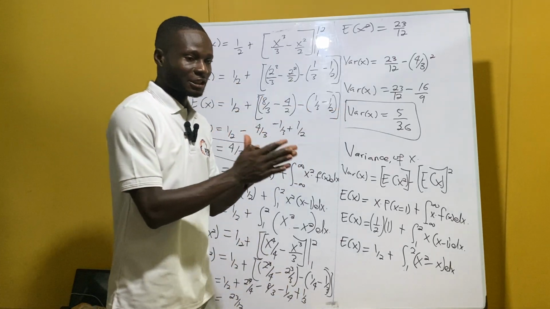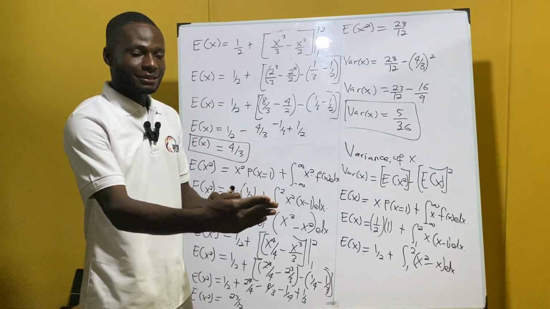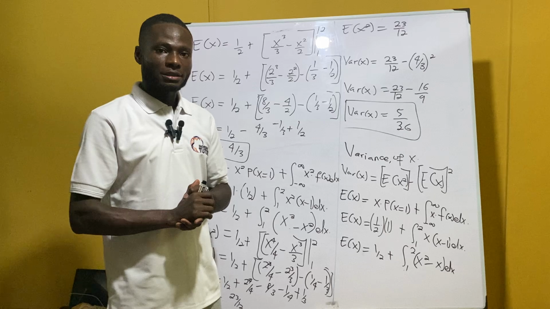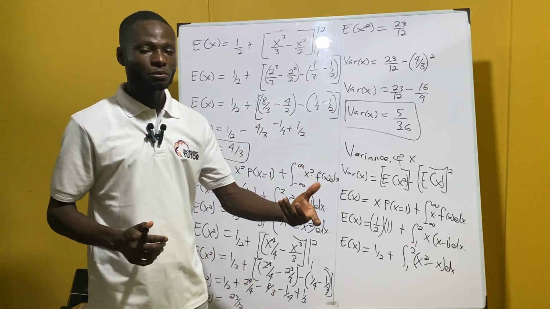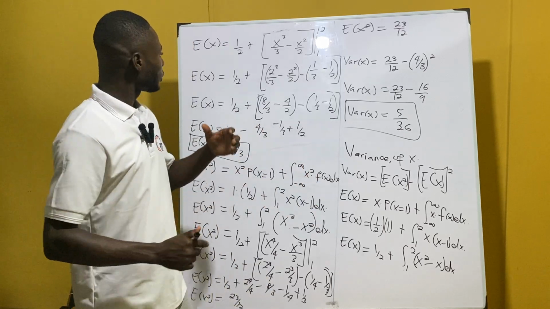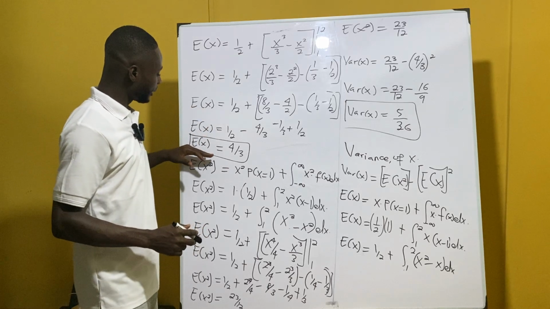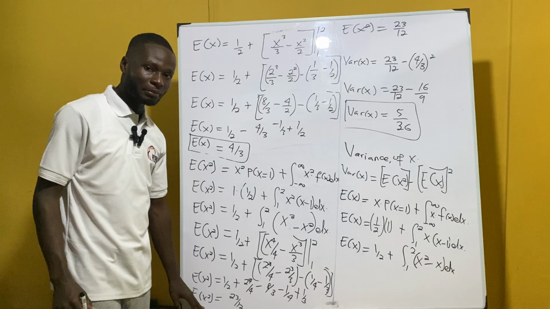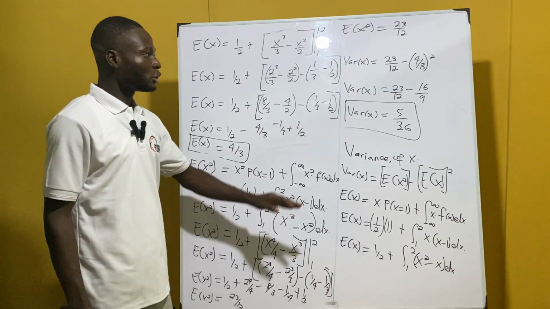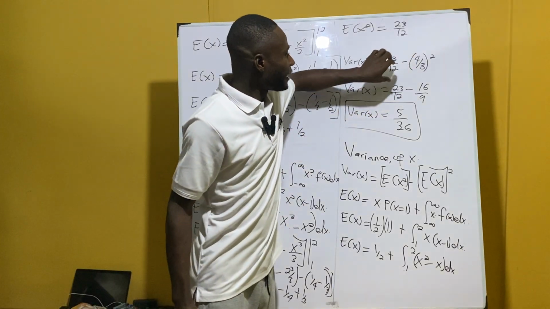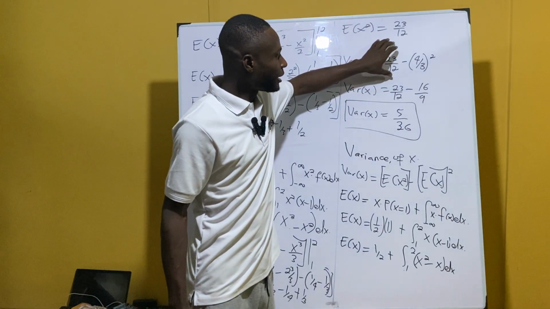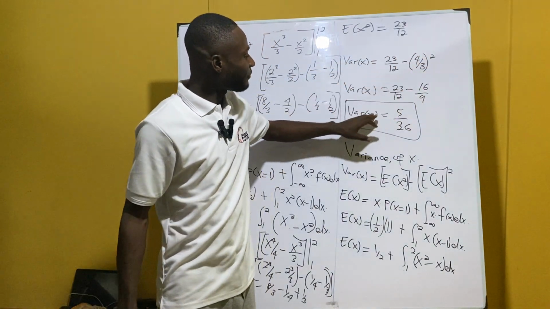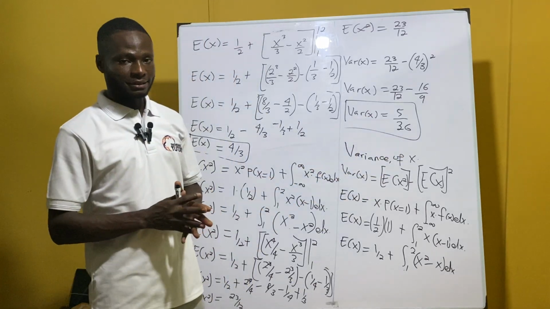So when you're finding the expectation, you add the discrete case to the continuous case, and then you find the first moment and the second moment. That is what we have done over here. We have the first moment as 4 over 3 and the second moment as 23 over 12. The variance is the second moment minus the first moment all squared, so we have 5 over 36.